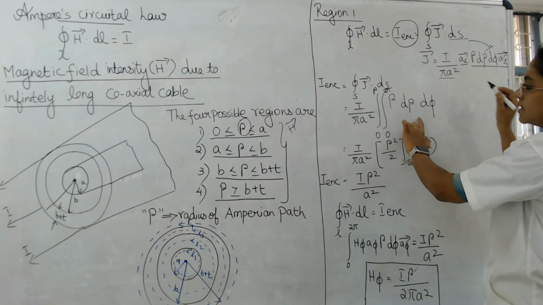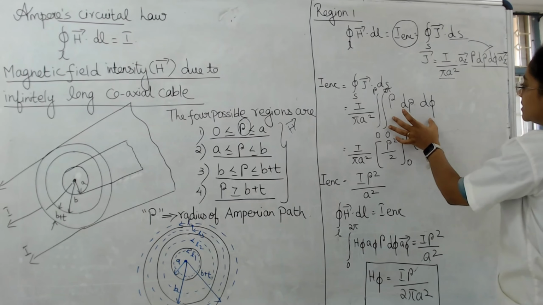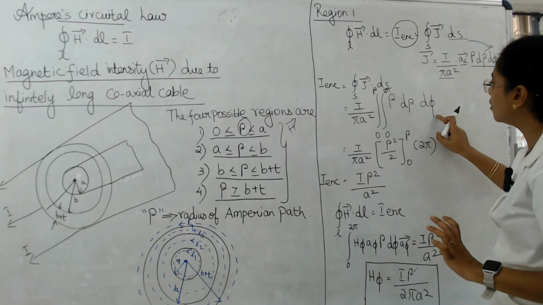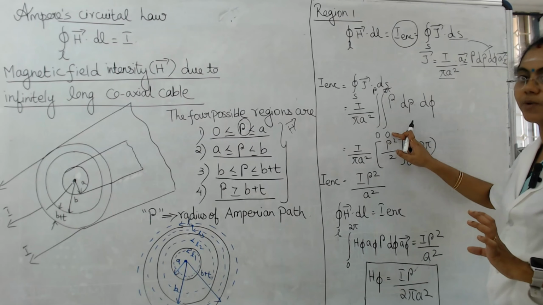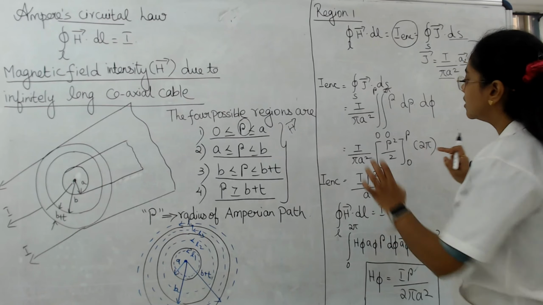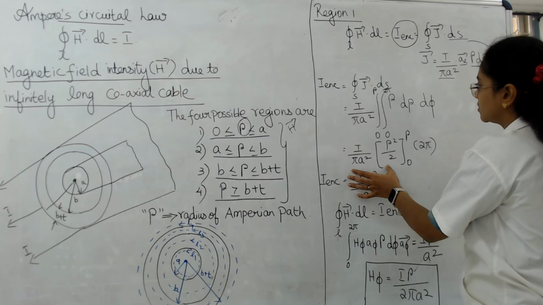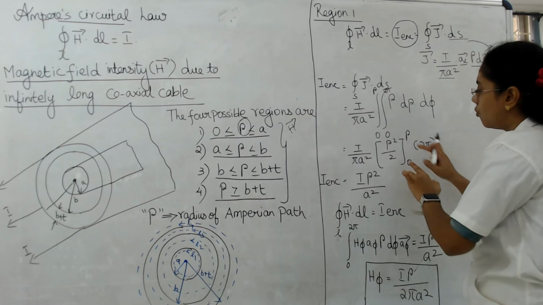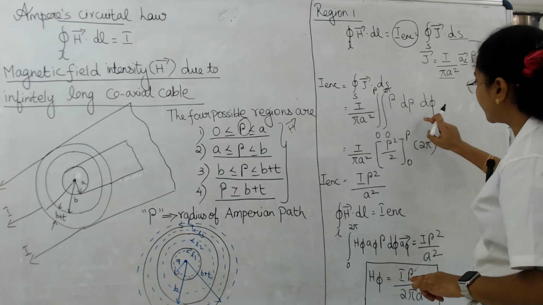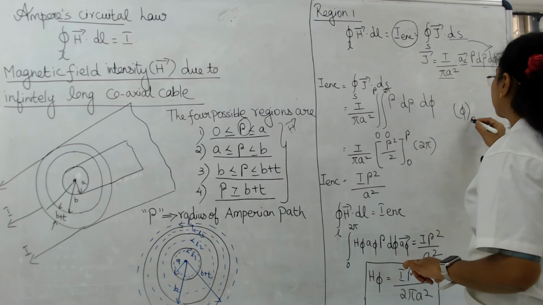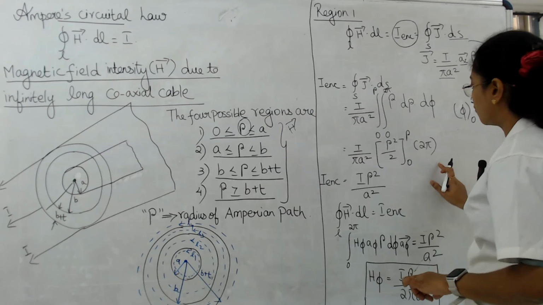As it is a constant term, I have taken it outside, and inside the integration I have rho d rho d phi. We all know that phi ranges from 0 to 2 pi and rho ranges from 0 to rho. Integrating rho gives rho squared by 2 over the limits 0 to rho, and integrating d phi gives phi over the limits 0 to 2 pi, so I have got 2 pi here.